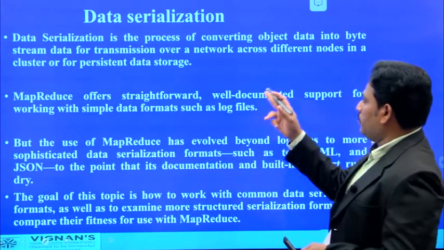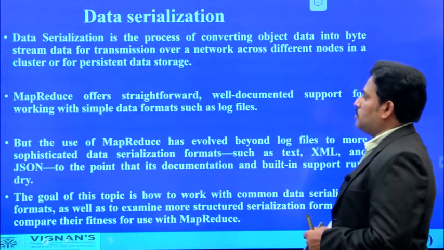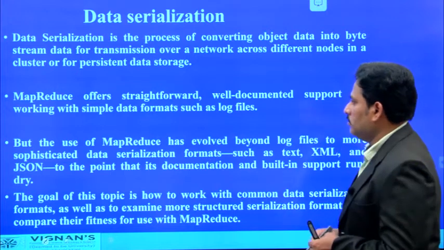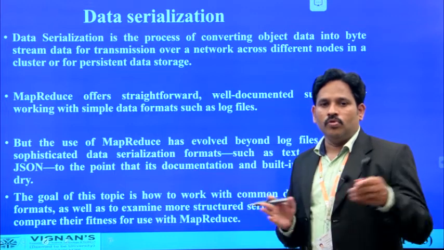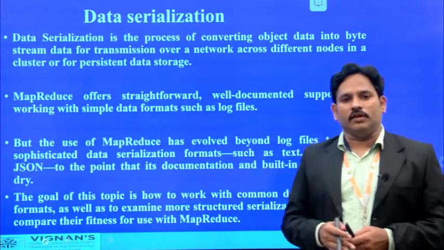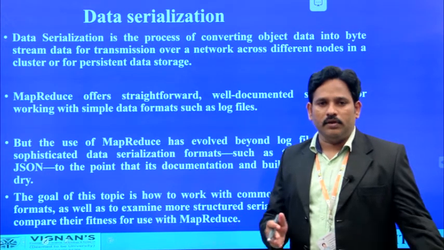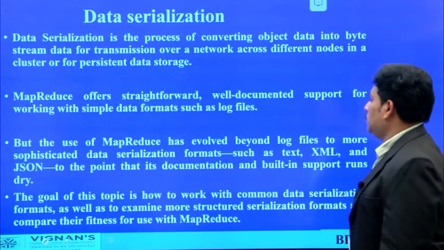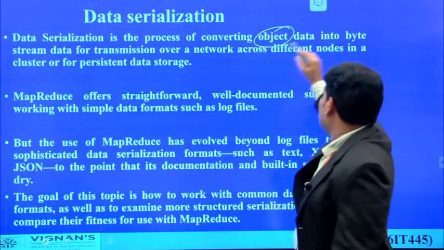Data serialization is the process of converting object data into byte stream data for transmission over a network across different nodes on a cluster or a particular data storage location. When we want to move a huge amount of data from one location to another in a network, how the data transmission takes place, and how the data is converted from object to byte stream information, is dealt with in data serialization.